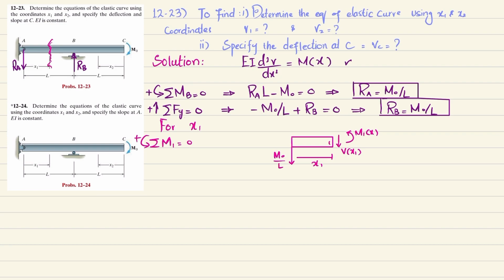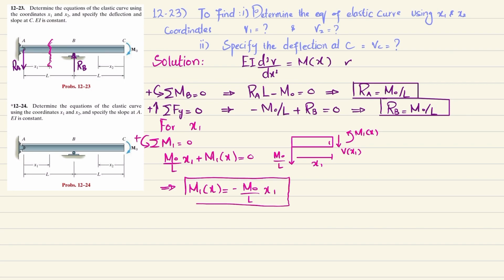So M naught over L times x1 plus M1 of x equals 0. From here M1 of x equals minus M naught over L times x1. This is the moment equation for coordinate x1.